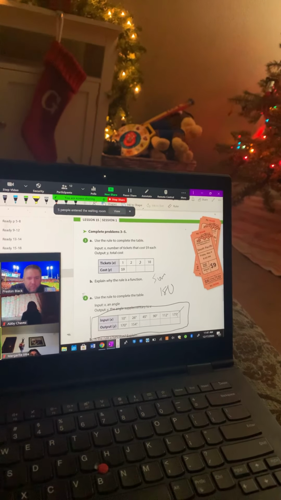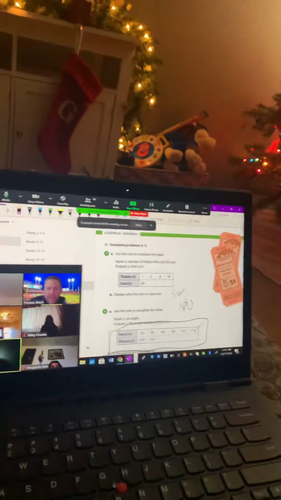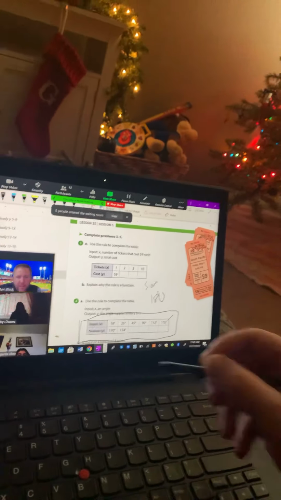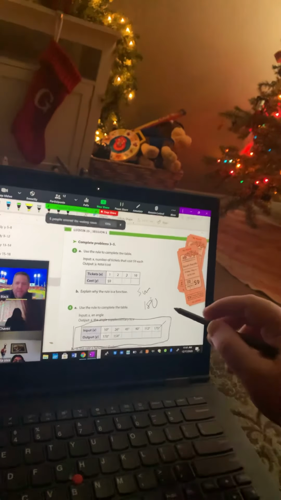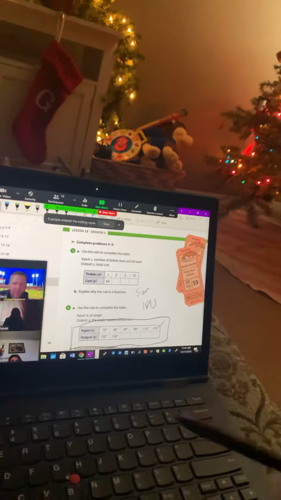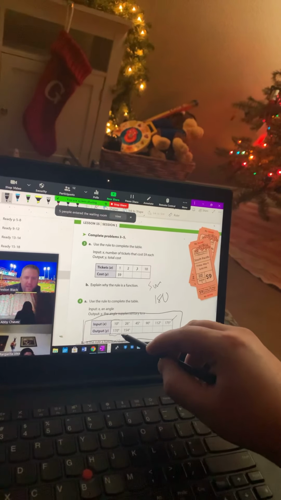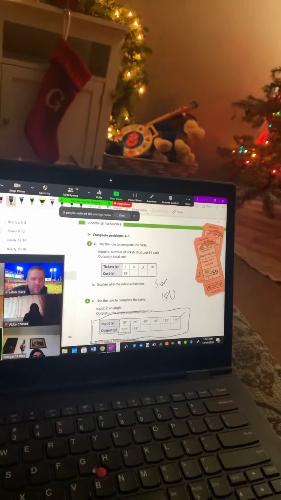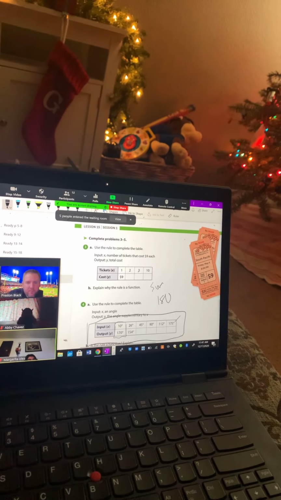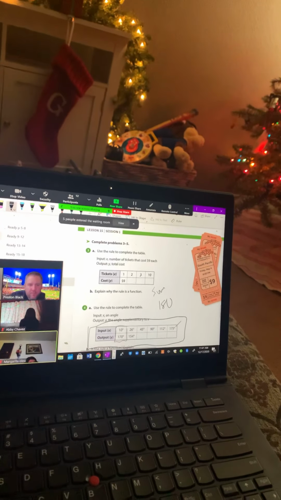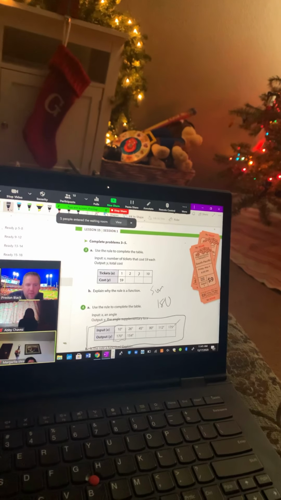So let's go ahead and look at the first input that they give us. What is the input to this first box?